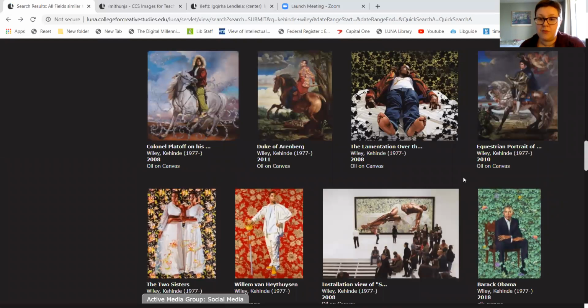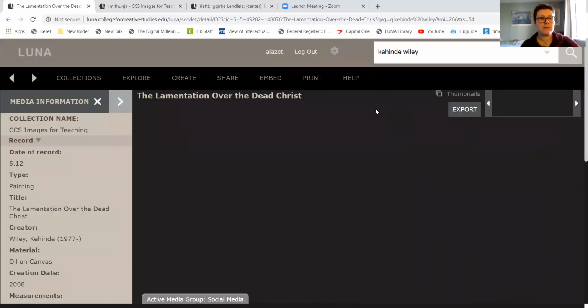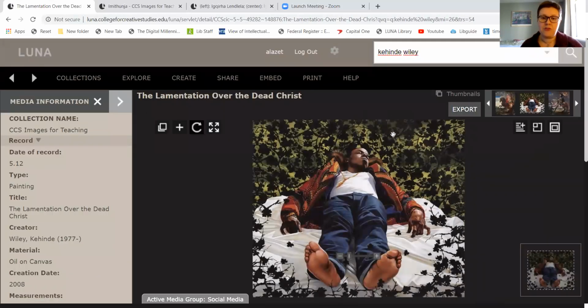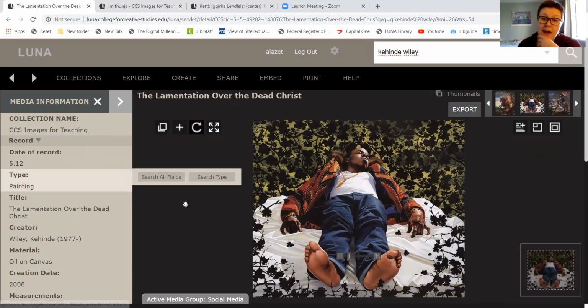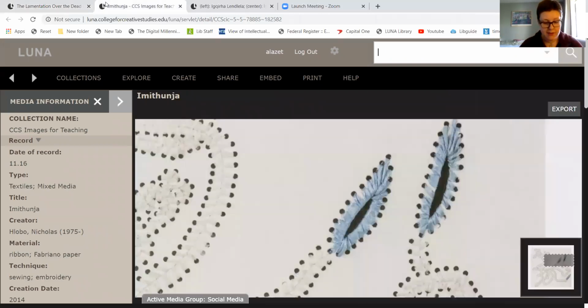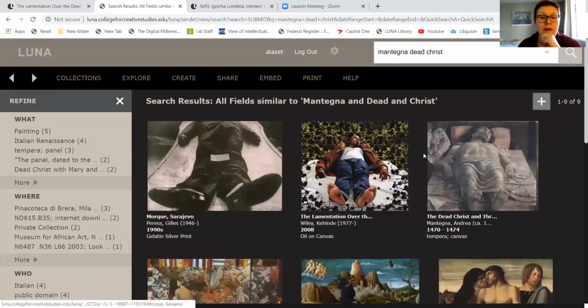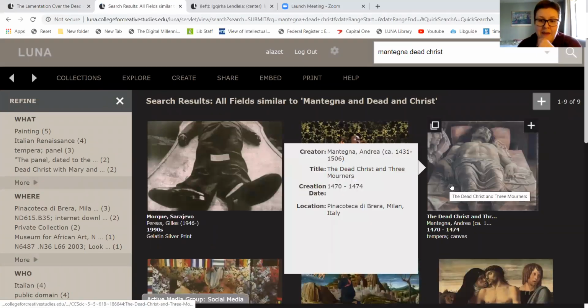So you can see, right, there's a lot going on here. Hopefully y'all can recognize some of this. So this is called the Lamentation over the Dead Christ. Okay, now this is actually based on a 15th century painting by Mantegna.